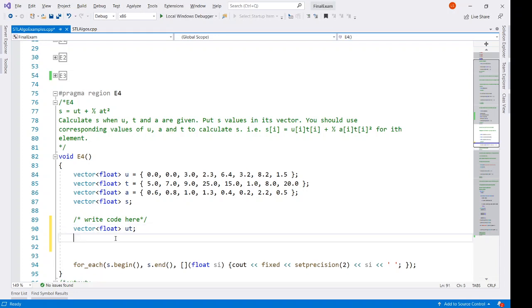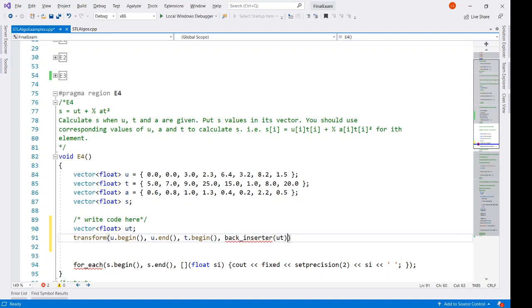So we have this ut vector, and now we want to call transform on it. Transform from u begin to u end, as well as the second range is t begin, and then we have the destination, that is ut, and we want it to be used through back inserter.